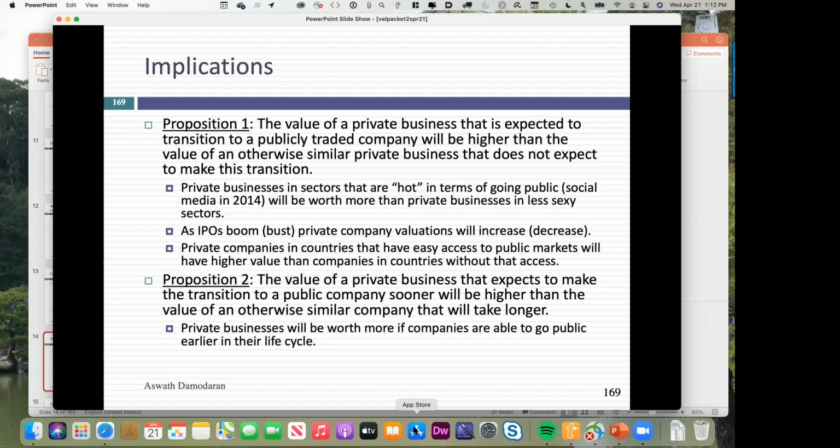And here's one thing that has changed in private companies that has made them more valuable. In the old days, here's how the transition worked. You're a founder-owned company, and then your VCs owned the company, and then you went into the public market. VCs were partially diversified, founders were undiversified, the public market was diversified.